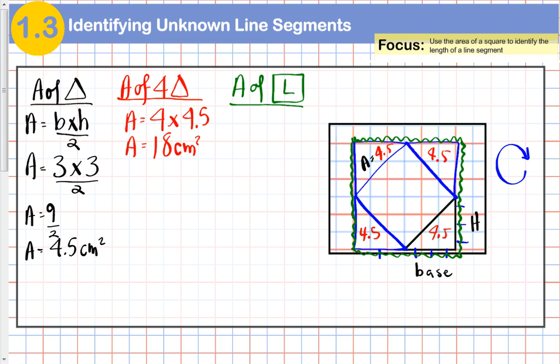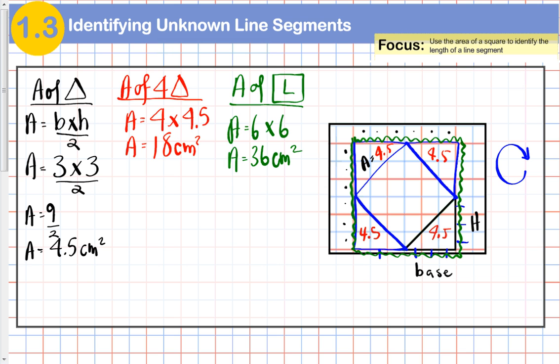We can tell how big that is by simply counting up: 1, 2, 3, 4, 5, 6. It is 6. 6 by, if it's a square, that number better be the same, and it is, it's 6. So 6 by 6. The area of our large square is 36 centimeters squared.